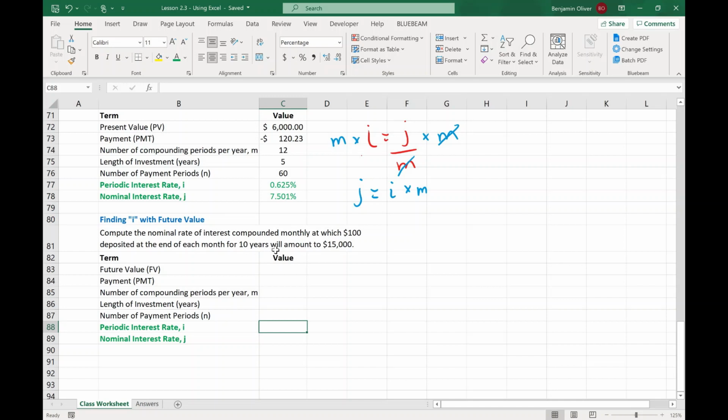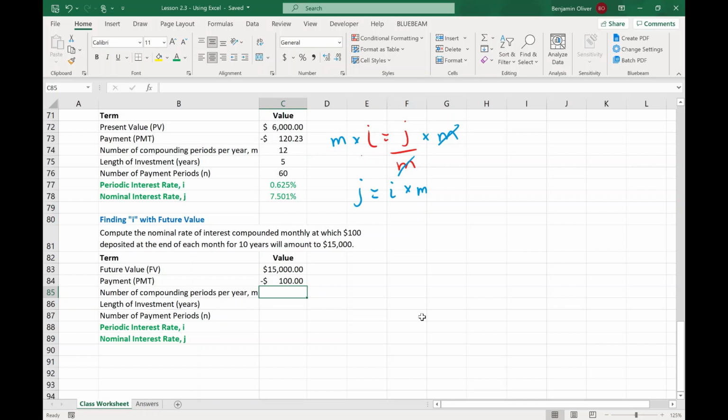And this is an amount, so it says $100 deposited at the end of each month for 10 years will amount to $15,000. That's saying the future value of your money in 10 years is $15,000. So that's your future value here. Your payment is an outflow of $100 every month, so minus $100.